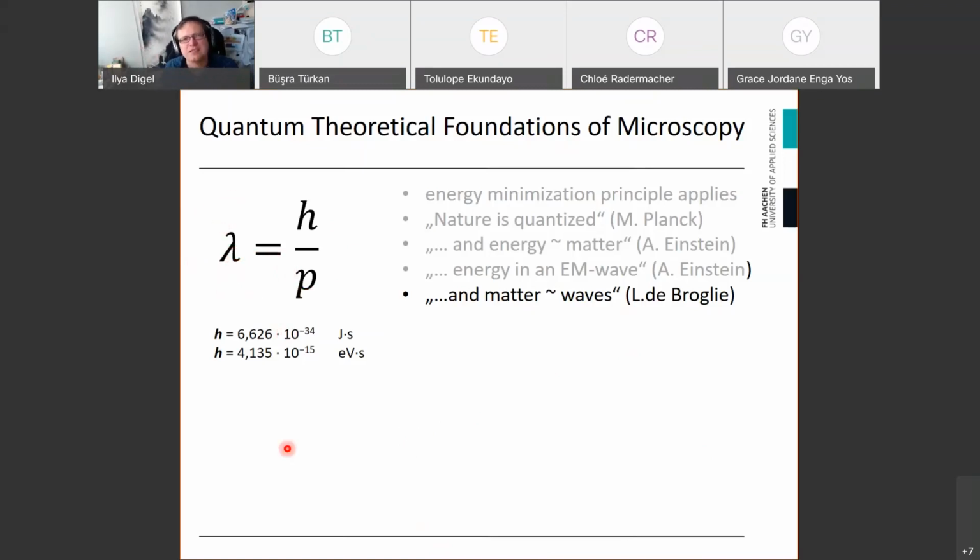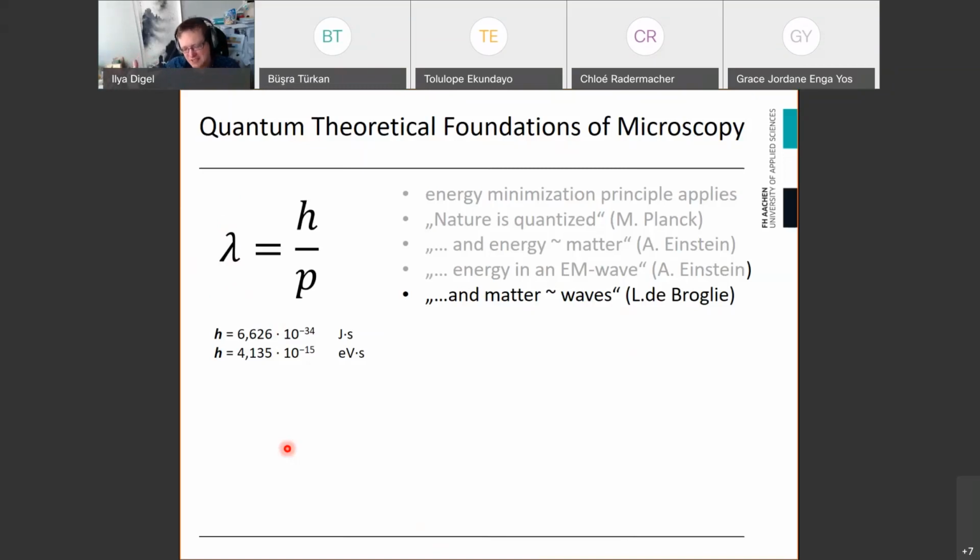And this brings us to some important practical conclusion. That means we want to have shorter wavelengths. We know that the shorter the wavelength, the better is actually the resolution of your microscopic system.